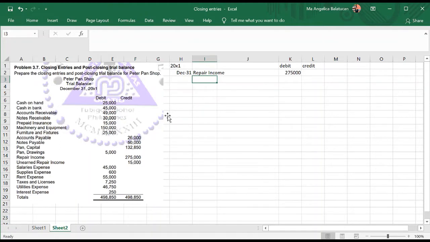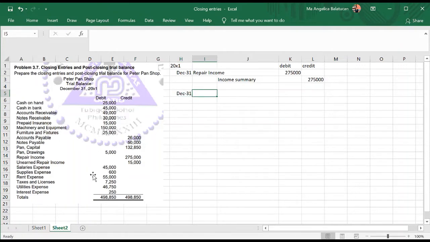When we want to close an account, it means we're going to zero it out. Next, since it's the only income here, we credit income summary, 275,000.